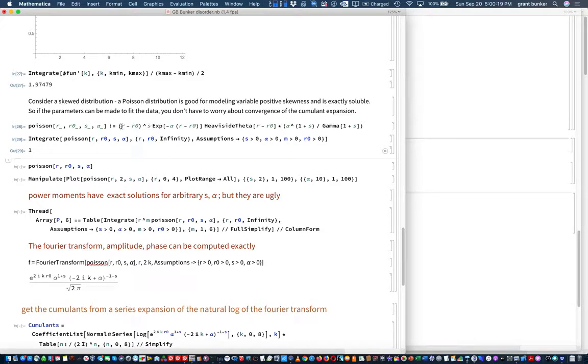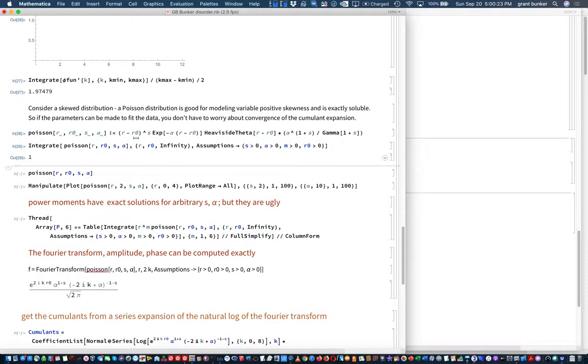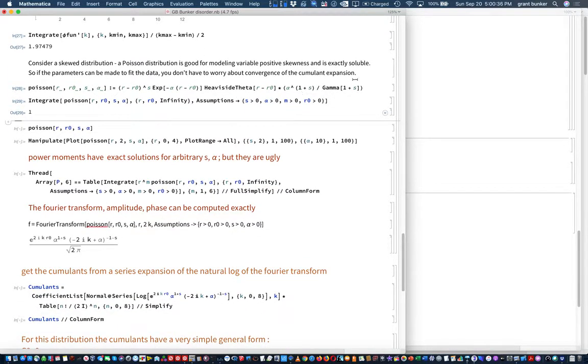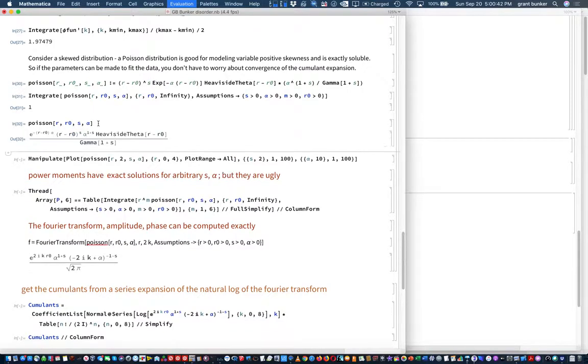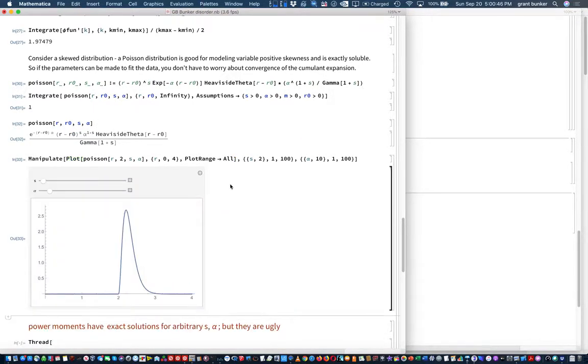You take r minus a closest approach distance, r0, and then you take r minus that to some power, which is a parameter, and then you take e to the minus alpha times that. And these things are for normalization. It's a relatively simple distribution. It's kind of like a Poisson distribution that's shifted relative to the closest approach distance.